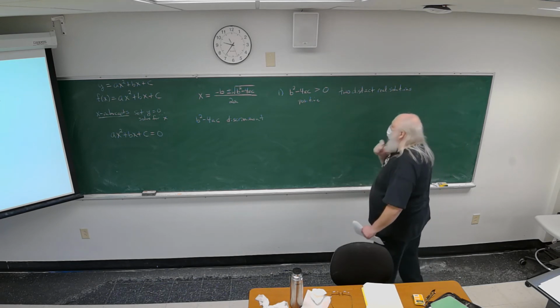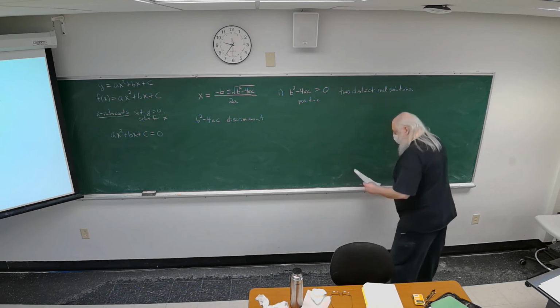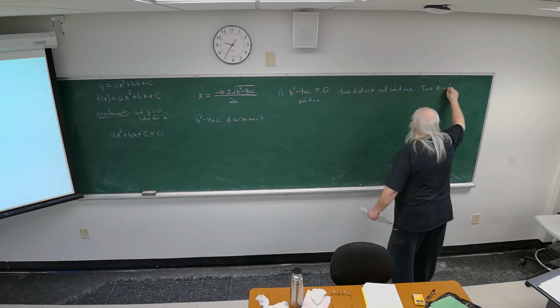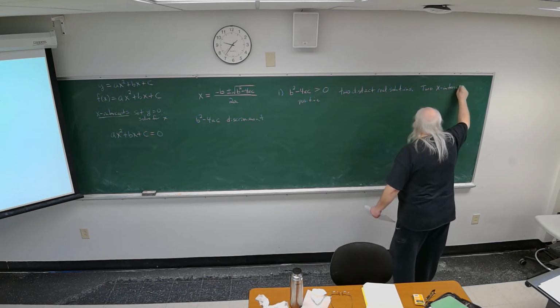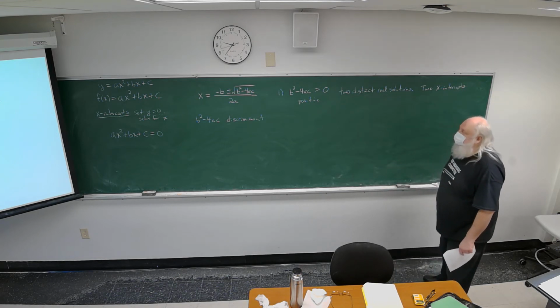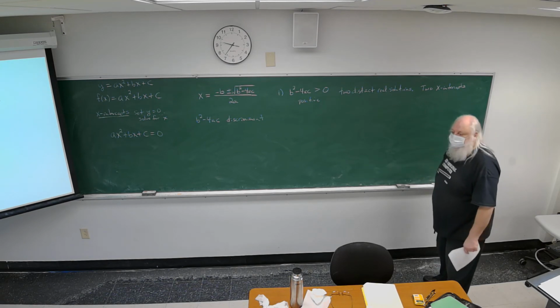The 2 values of x will be 2 real numbers, and that means there are 2 x-intercepts in the graph. If b squared minus 4ac is a positive real number, then there'll be 2 x-intercepts.